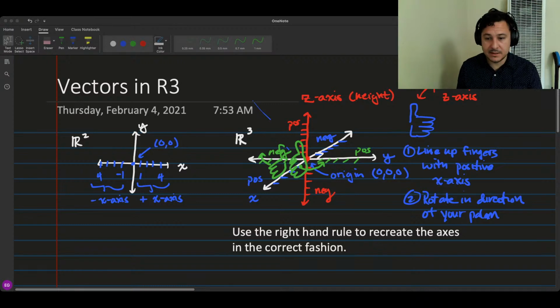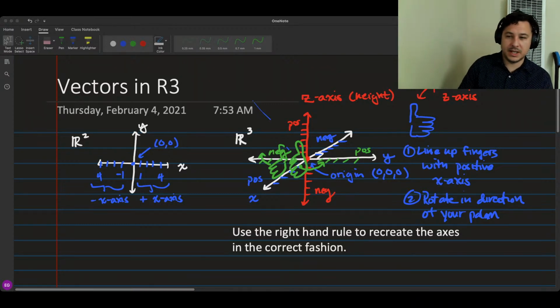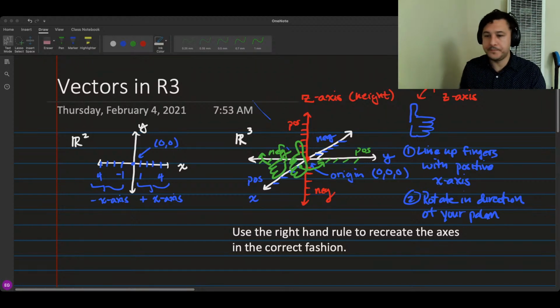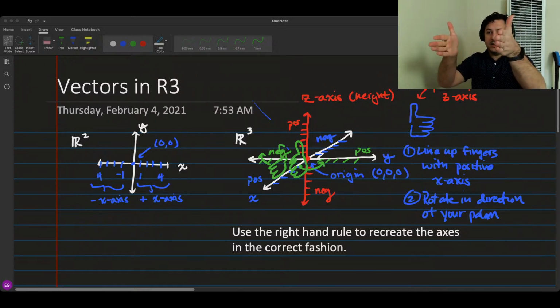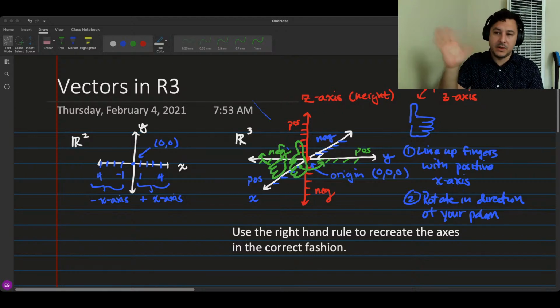Hopefully that makes sense. I'm going to pause for a second. Was that super confusing, or are we on board with this idea? Because think about it, if you take your two hands and rotate towards your palm, they rotate in opposite directions. So you always rotate like how your right hand would rotate.